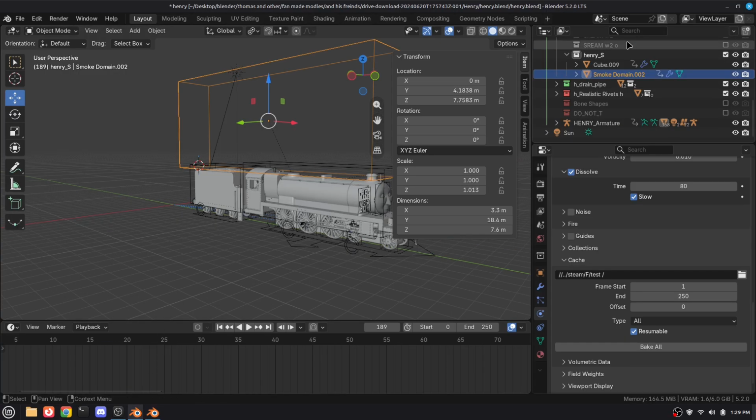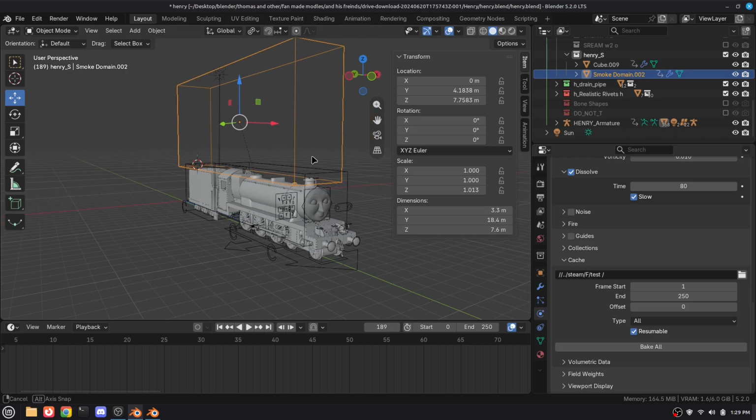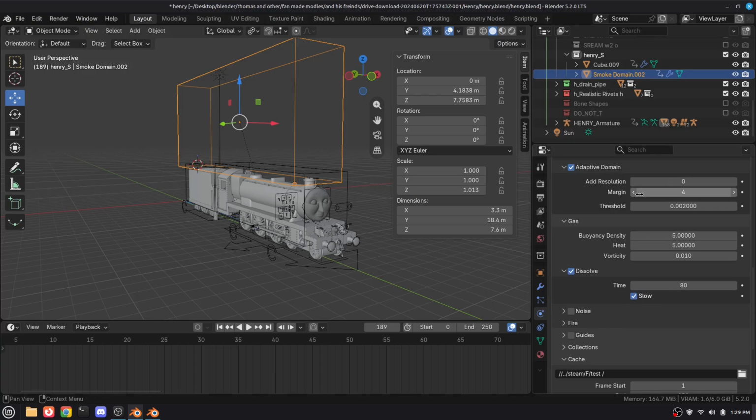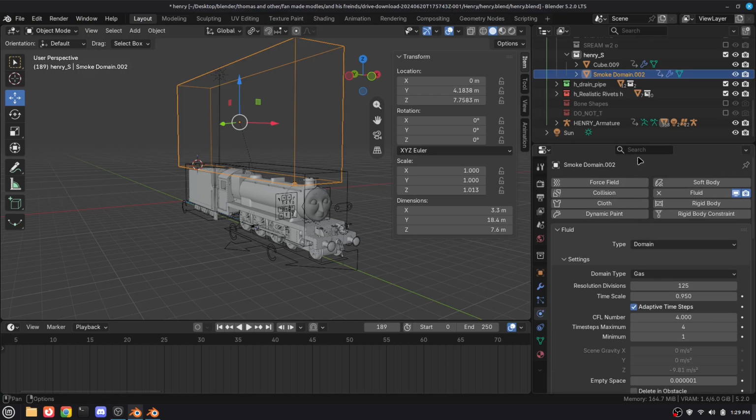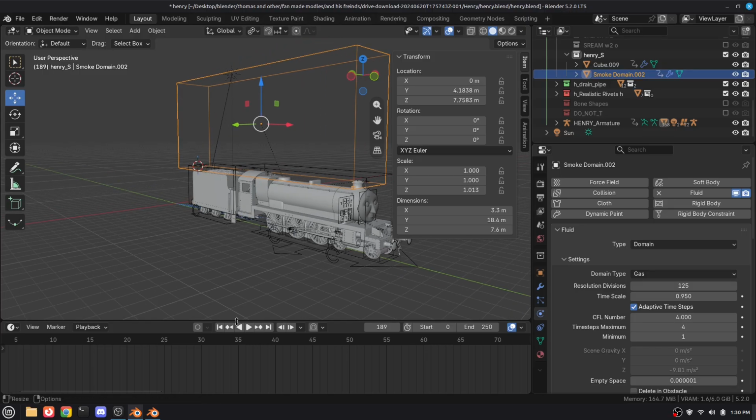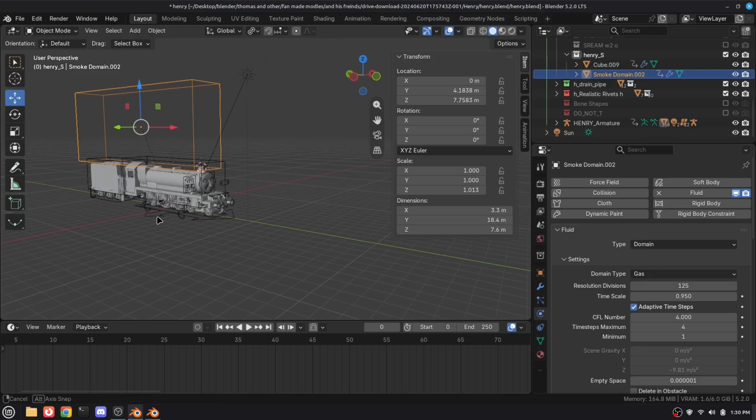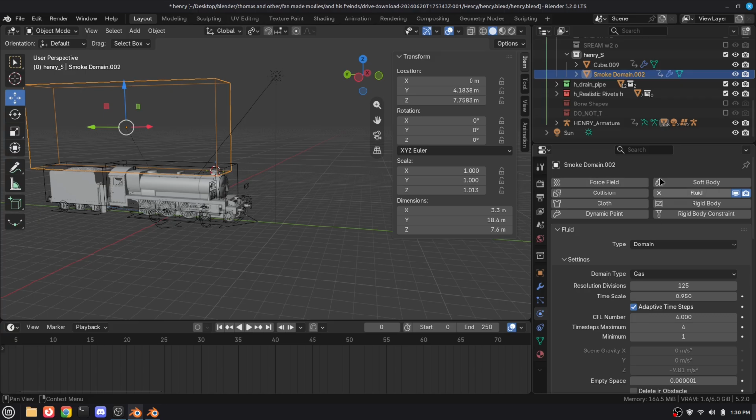So yeah, I don't know why it's happening like that. Basically, they gave updates to the clothing, collision, force field, soft body, and probably dynamic paint too. It's bug fixing for the most part.